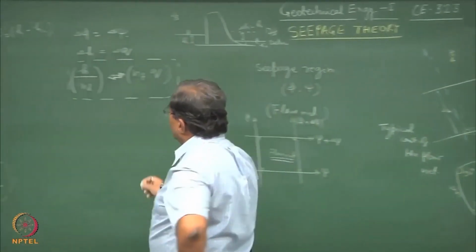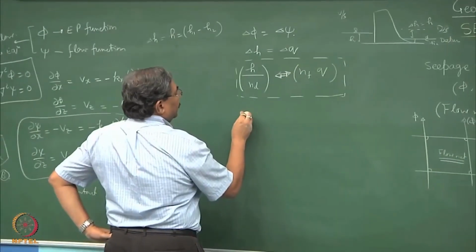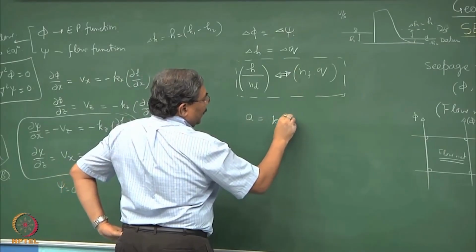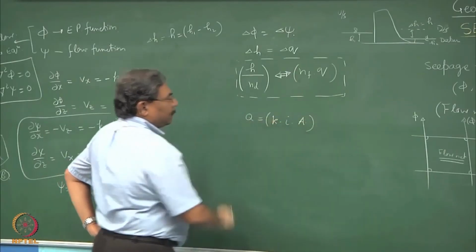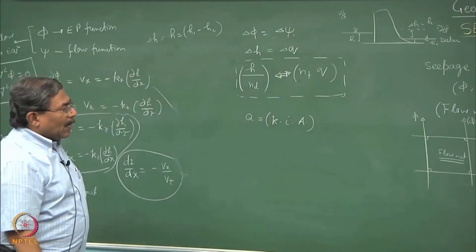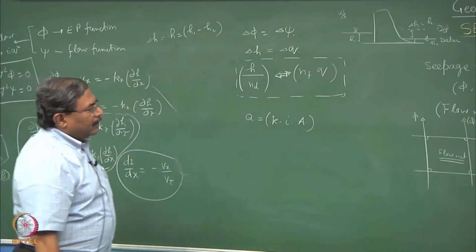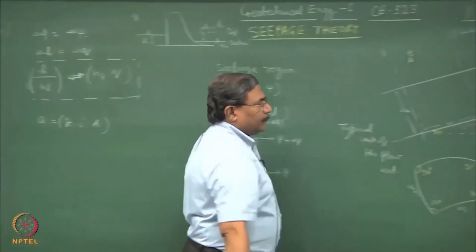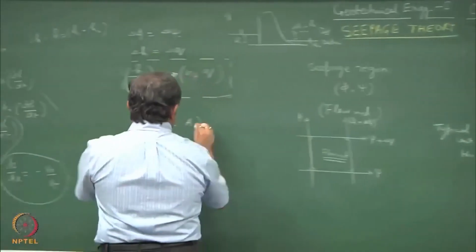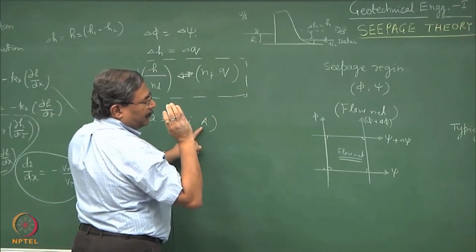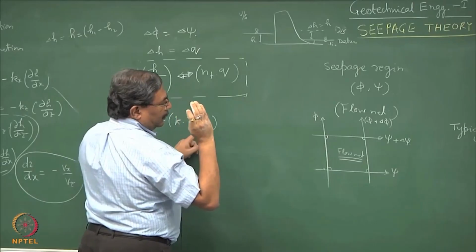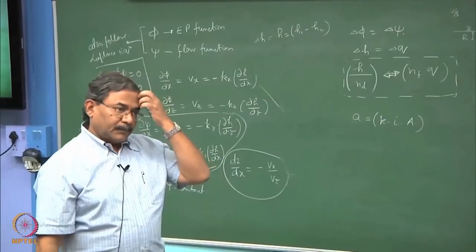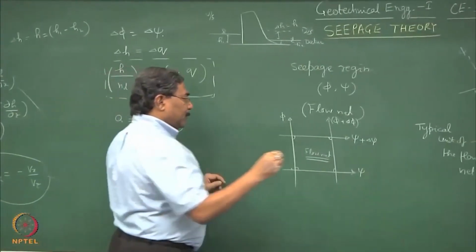So, if I say that the total discharge is equal to K into I into A, normally what we do is we consider this as 1 into 1, which we have already done, and area of cross section is defined always as per unit third dimension of the element, as if the flow is entering into the system.